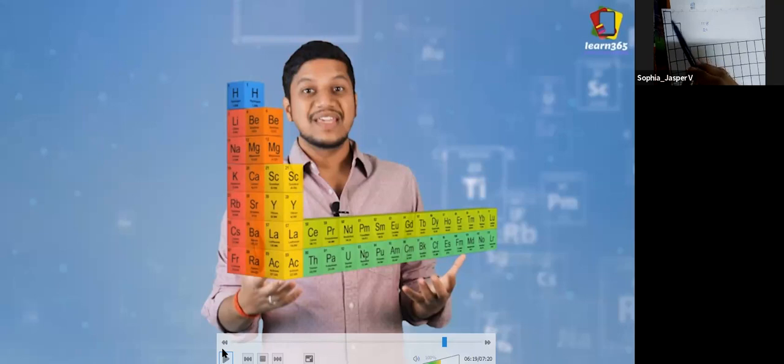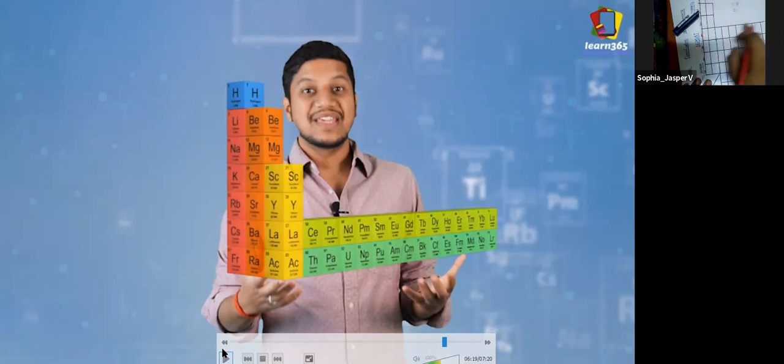First, let's talk about the rows. If you can see, there are 7 rows. I'm talking about the full periodic table. 1, 2, 3, 4, 5, 6, and 7.